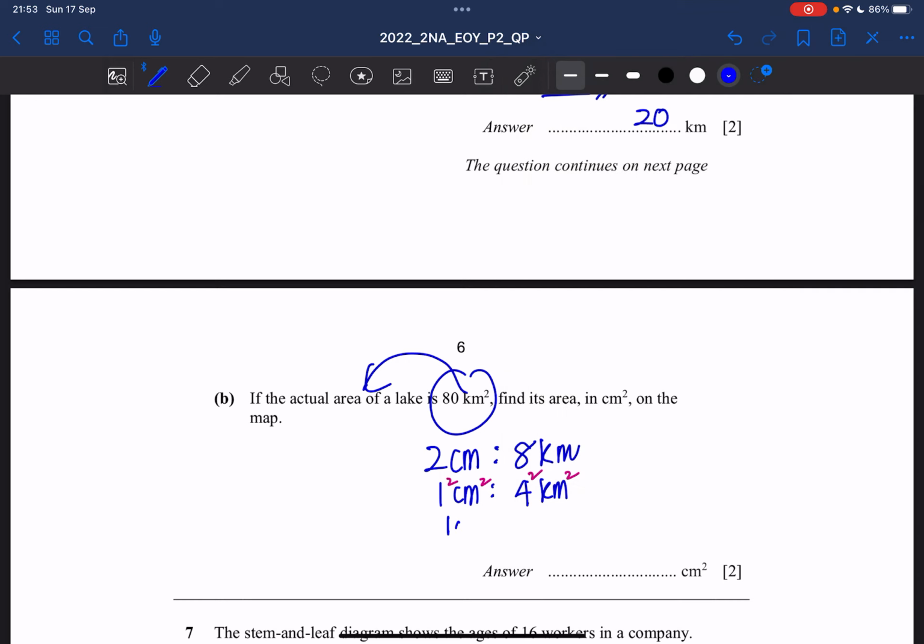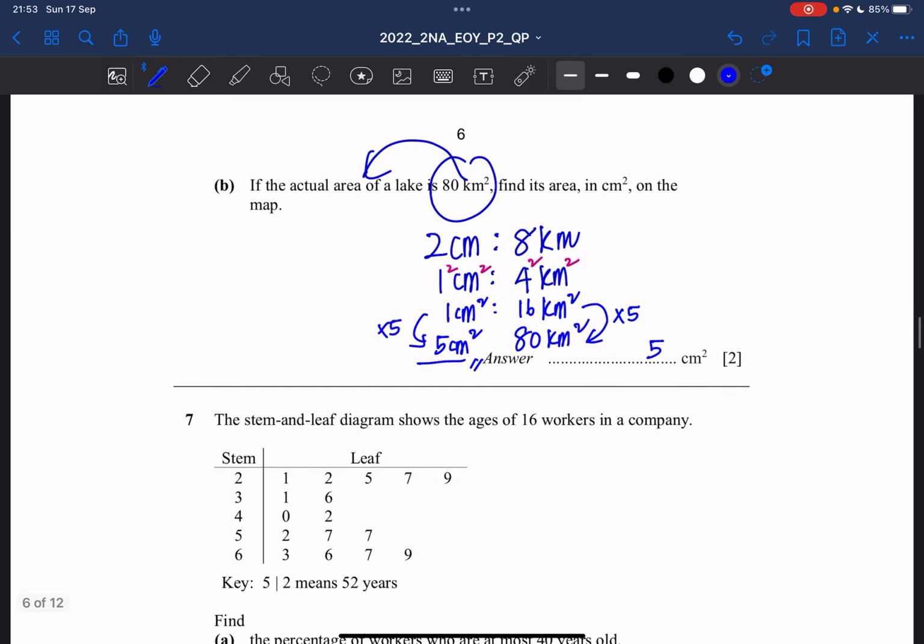So this becomes 1 centimeter square is to 4 power 2 is 16 kilometer square. Okay, so we want 80 kilometer square. From 16 to become 80, you actually times 5. So this side also we times 5. So the answer is 5 centimeter square. So put 5 here.